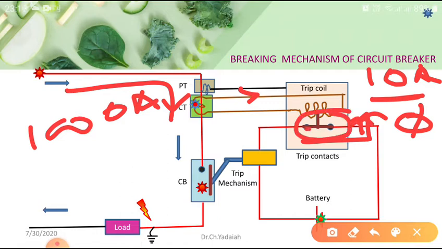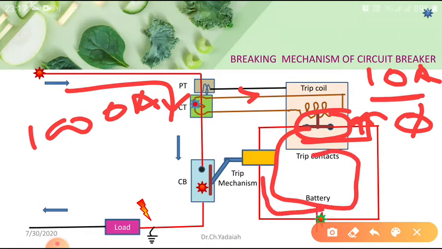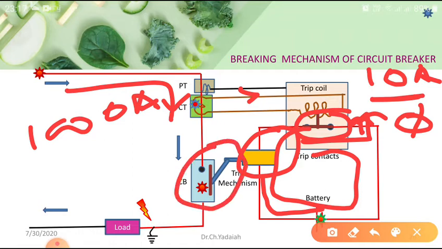Once the circuit is closed, the battery comes into the picture. The battery current is supplied as energy to the solenoid of our mechanism, and then the mechanism is operated. Now you can see our contacts are opened. Since the contacts are already inside the oil, which has a high dielectric strength, the electrons will not flow, and the total system is collapsed.